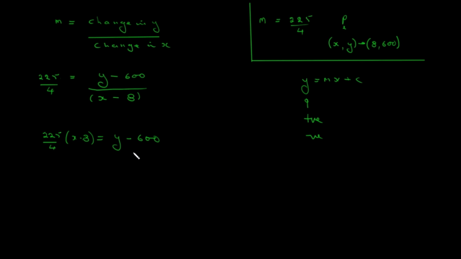So y is equal to negative 600. Take it over the other side, it becomes positive 600, plus 225 over 4 times x minus 8.